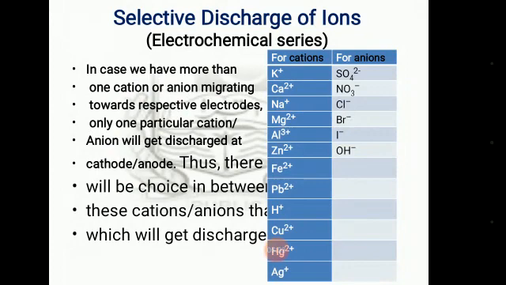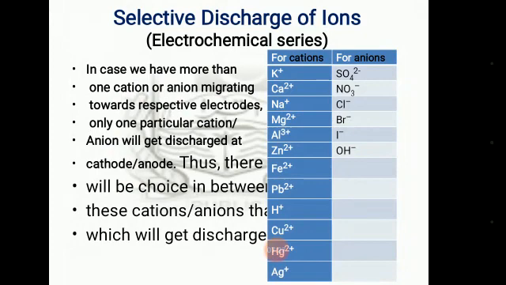Then hydrogen is taken as the standard. Then copper, Hg and Ag are present at the lower part. They have greater reduction potential. The lower ions reach the cathode first because they have greater reduction potential.